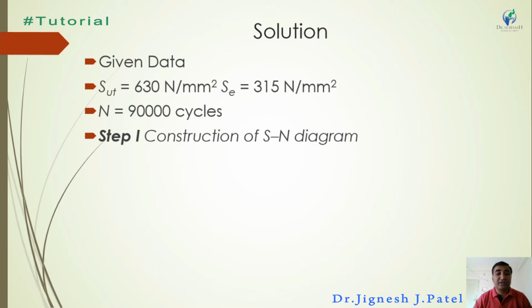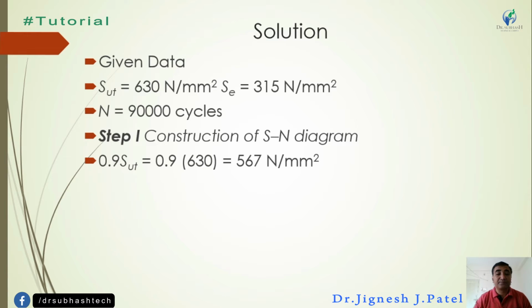Now step 1: first of all we have to construct the SN diagram. For that, we have to find different values, of which the first is 0.9 SUT.